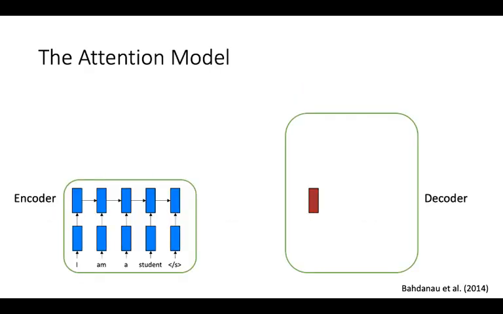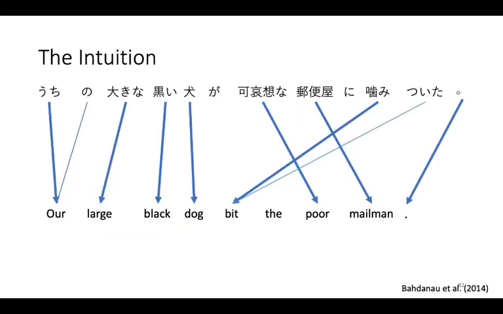So how can we calculate the attention weight? Just now I mentioned, when we're trying to translate the target word here, we're trying to estimate the attention weight between this word and all the other source words. The basic idea is that we want to estimate the similarity or relevance between this word and the others.